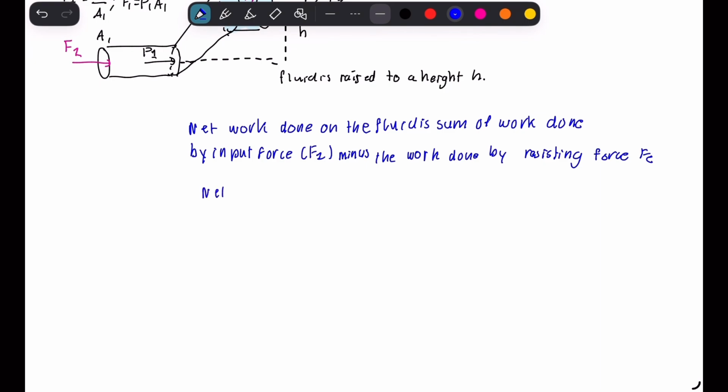So we can say our net work is equal to P1V minus P2V, which is equal to P1 minus P2 times V.